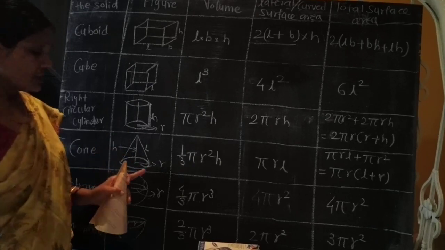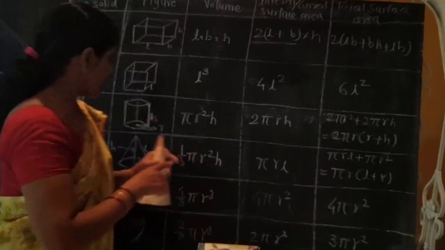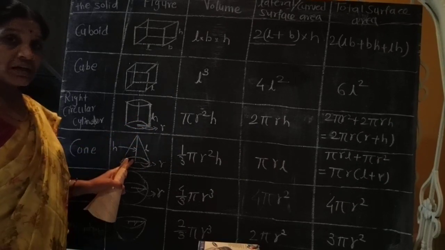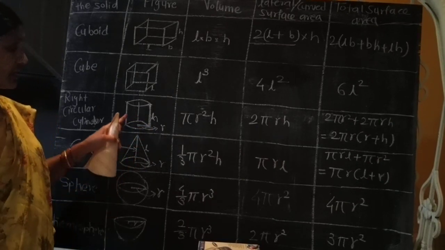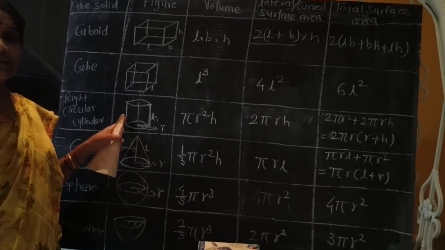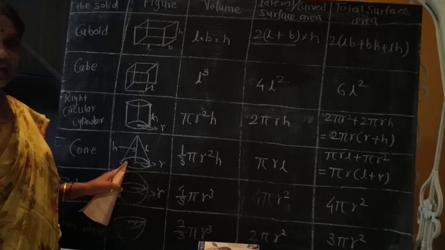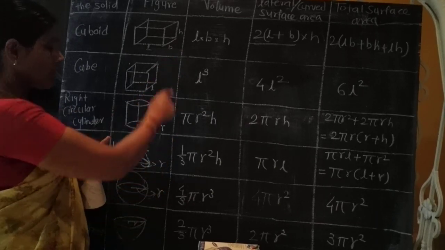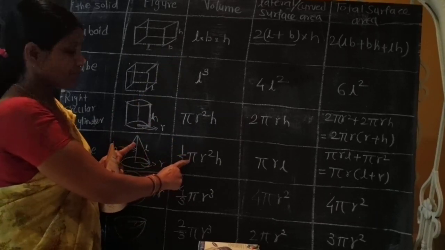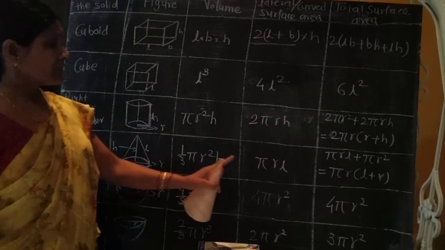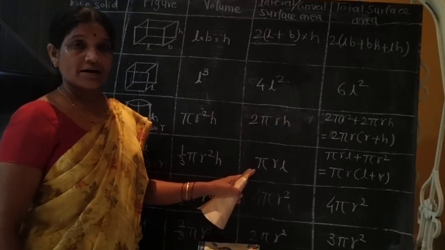Suppose this cylinder and cone have the same radius and height, then the volume of cylinder is 3 times the cone, and that's why the volume of cone is 1 upon 3 pi r square h. Next one, curved surface area.